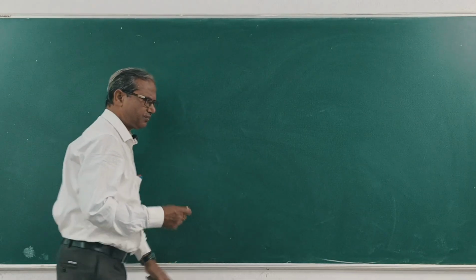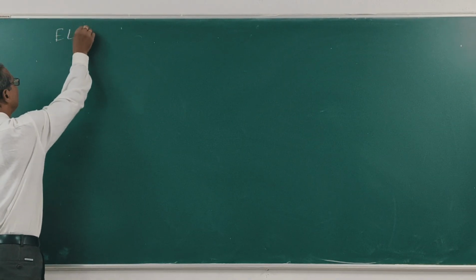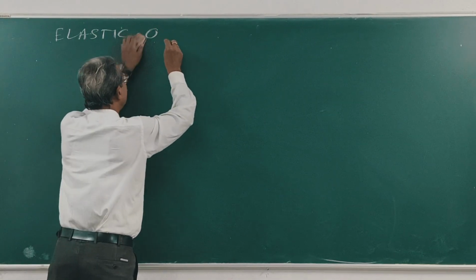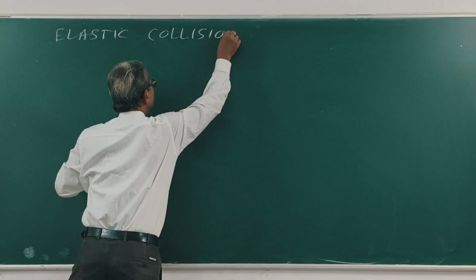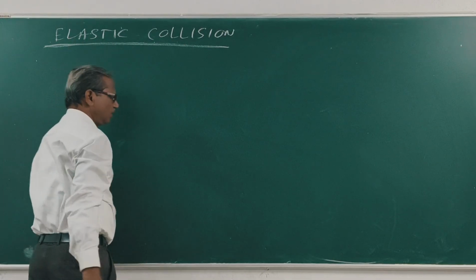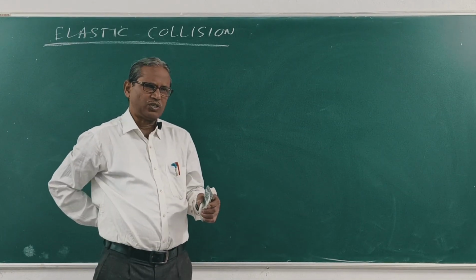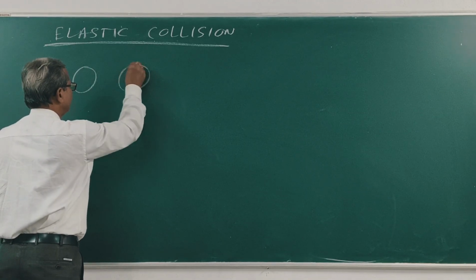Elastic collision. In a similar way, we consider two bodies, 1 and 2. This is body 1, this is body 2.